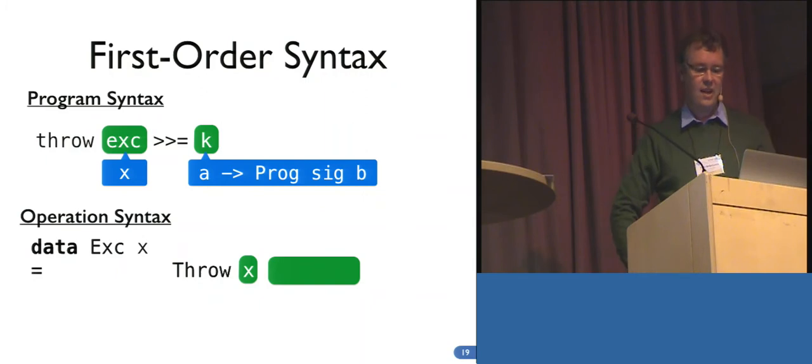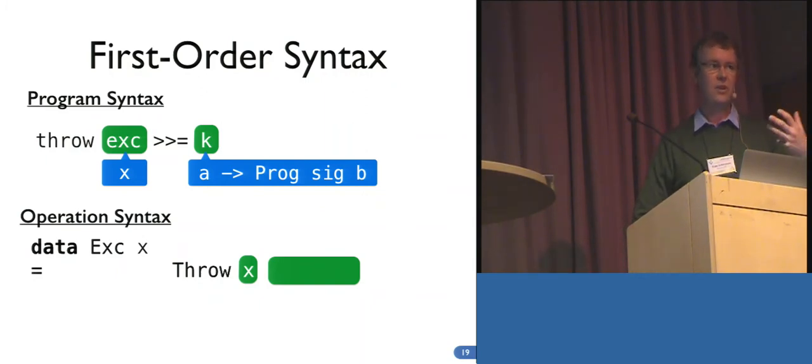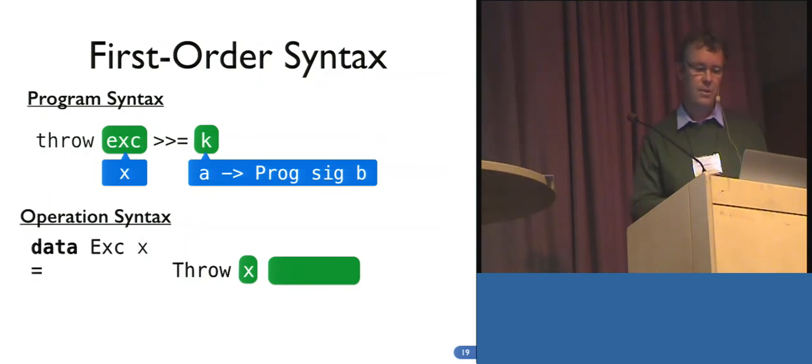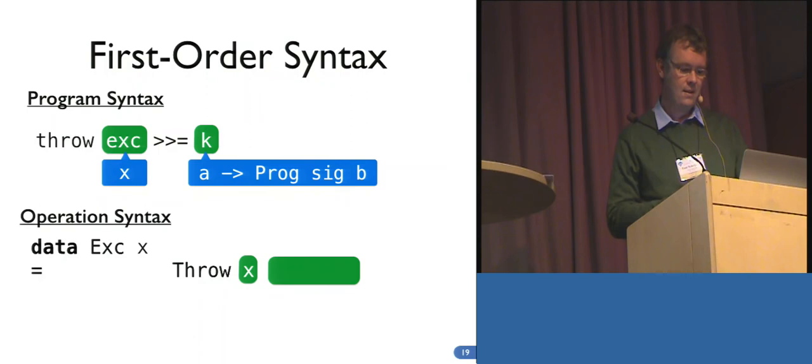And then the continuation has this type. It's going to take the result from the throw operation and continue. In this case, we can expect anything to come out of a throw, so we'll have a type variable a here, and then we have the result type of the whole computation, which is going to be this free monad, called proc here, over some kind of signature that represents all the operations you may have in your program, and then the result of the monadic computation has some type b.